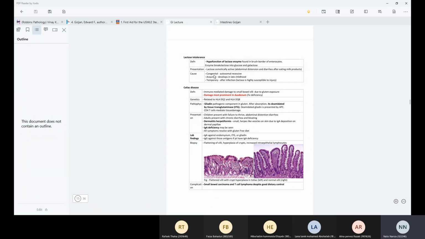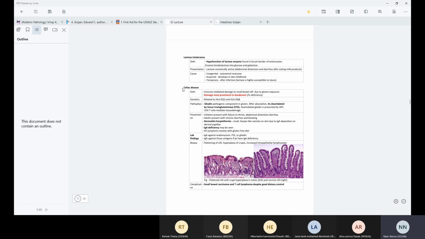It can be congenital, which is quite rare and autosomal recessive, or acquired in late childhood, and temporary cases you will find. Temporary is very common after infection. Lactose intolerance can be temporary and related to infection. That is important, and nothing more.